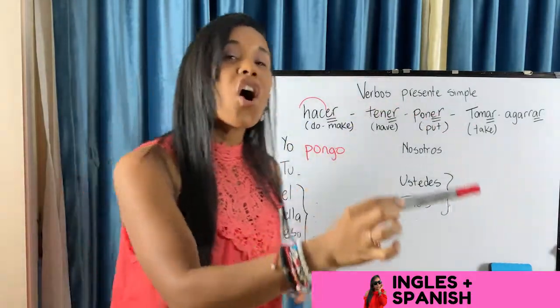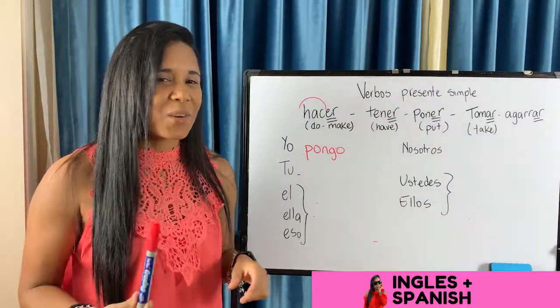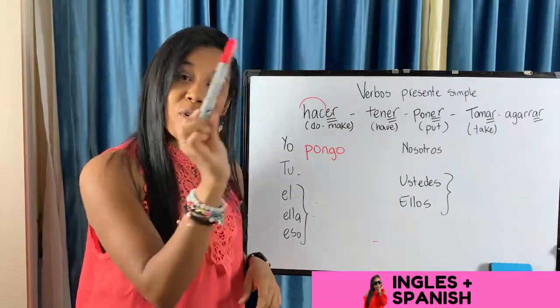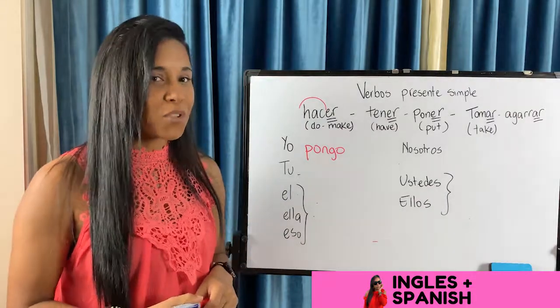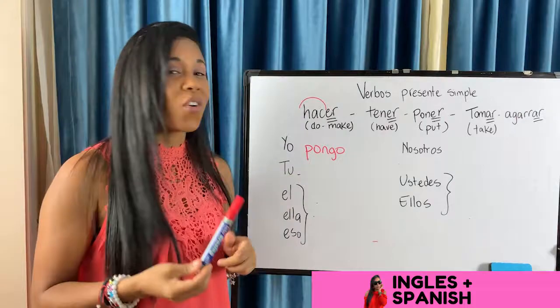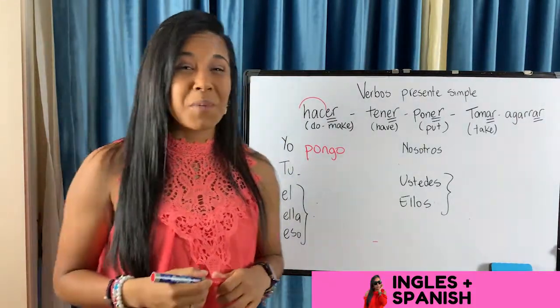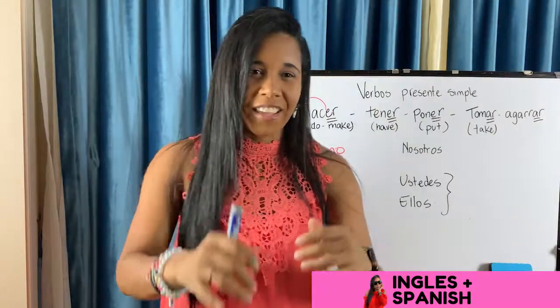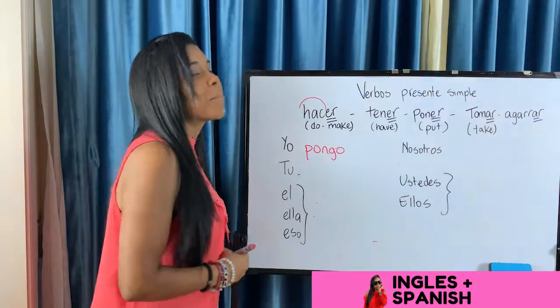Sobre is going to be on, and this is very, very important. So, yo pongo un marcador sobre la mesa. I put a marker on the table. Yo pongo un marcador sobre la mesa. Okay? It's getting harder. It's okay. Don't worry. It's going to be okay. Let's go with tú pones.